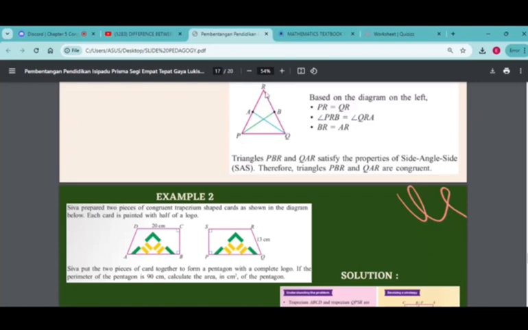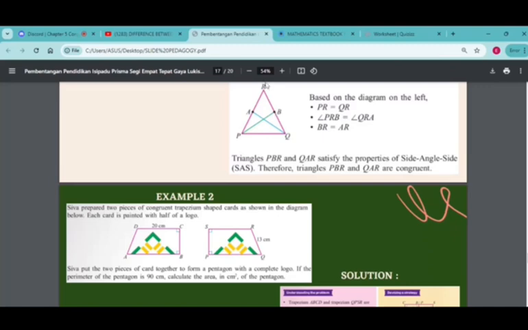For the solution, based on the diagram on the left, PR equal to QR. For the angle, PRB is the same as QRA. For the last one, BR equal to AR.